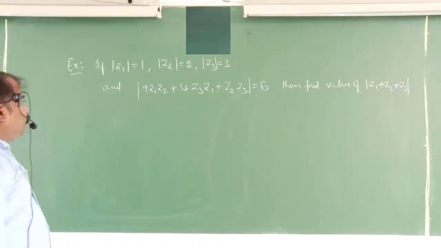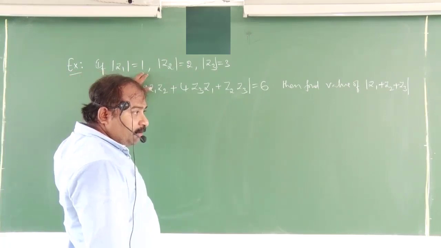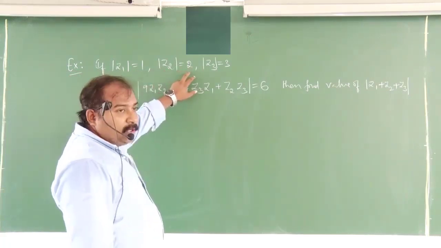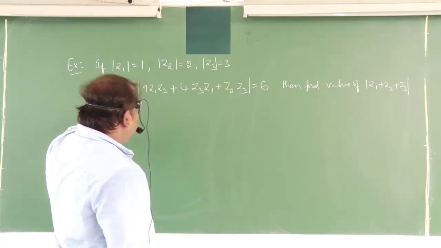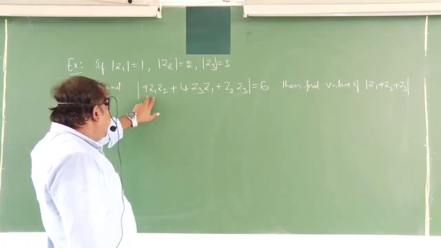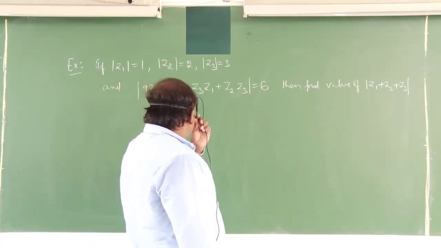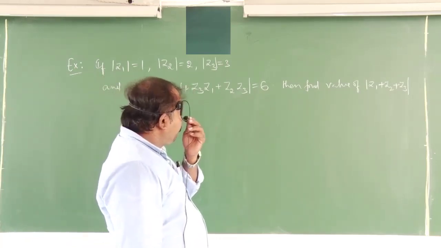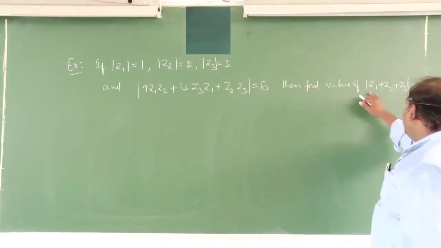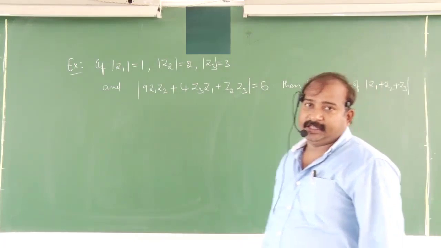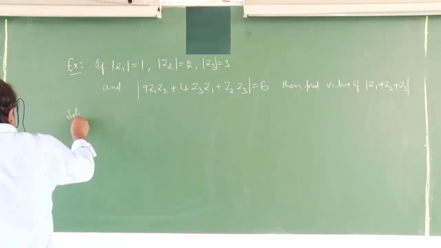So from the given data, listen all of you. Modulus of Z1, modulus of Z2, and modulus of Z3 are given. And one more point is also given: modulus of 9 Z1 Z2 plus 4 Z3 Z1 plus Z2 Z3 is equal to 6. Then we have to find the value of modulus of Z1 plus Z2 plus Z3.